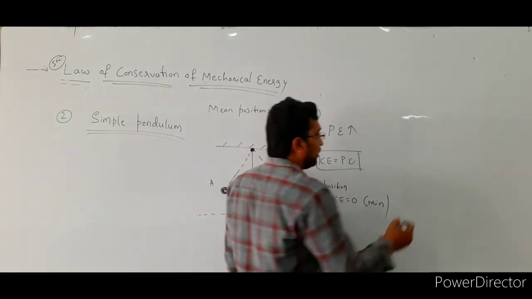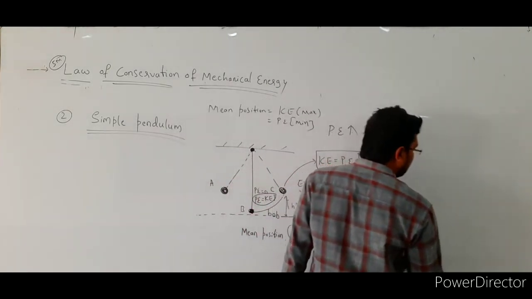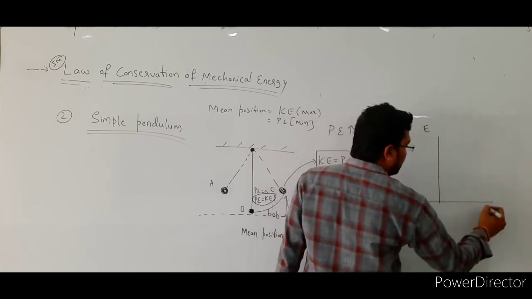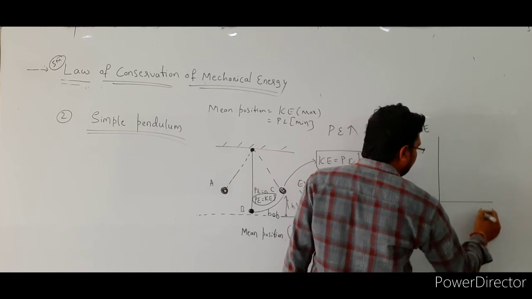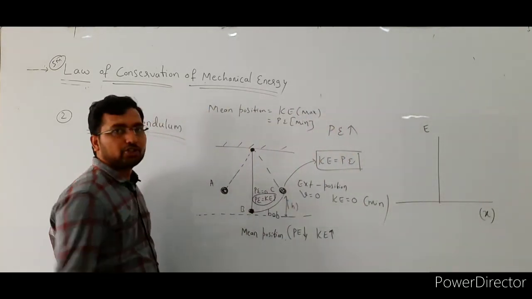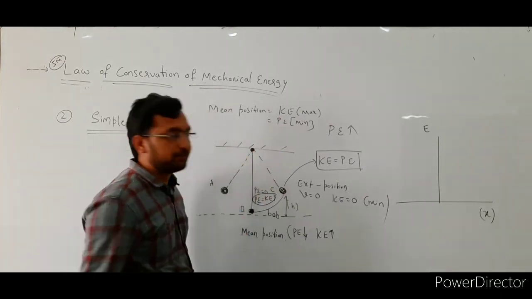See here, we will draw the graph of energy versus displacement. This is the energy and this is the displacement, that is the x value, right. At mean position, kinetic energy is maximum. This is the mean position.